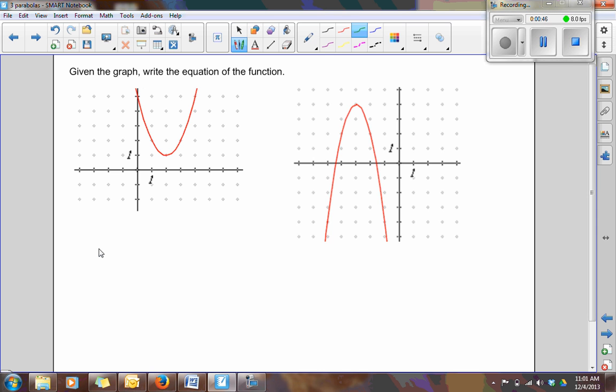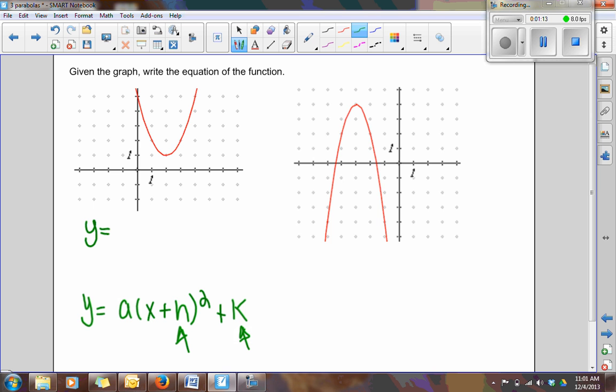So remember this form. Remember, h is going to move our function right or left, depending whether it's positive or negative, and k is going to move our function up and down. So we can start with this function.